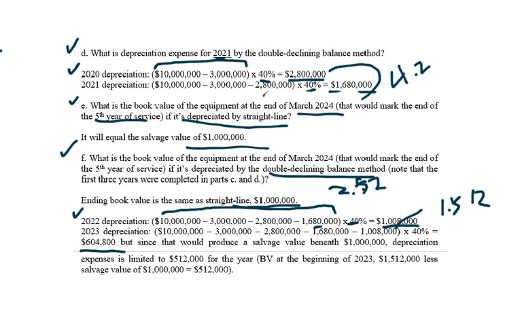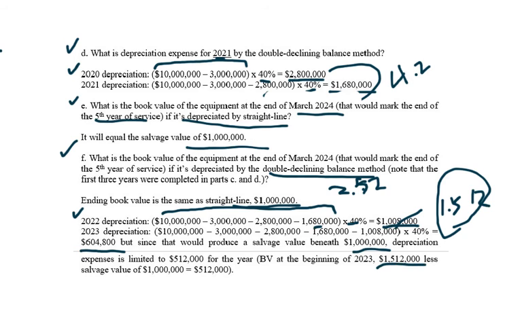But what's the problem with that? If I applied that, subtracted that much from this number here, we'd have a number less than $1 million, which is salvage value. So when you come up against a situation like this where you'd push it below salvage, what's the adjustment? The adjustment in that case is that you're going to have to just say, well, we're maxed out at what? We can only take another what?